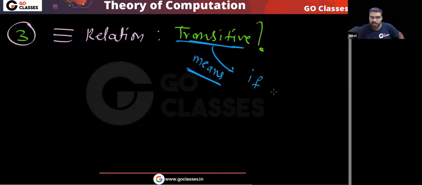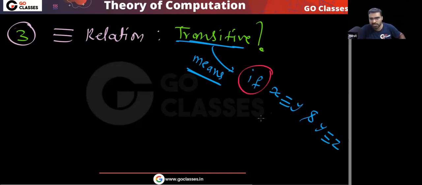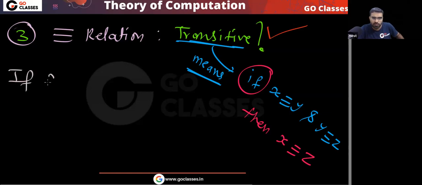Transitive means that if X is equivalent to Y and Y is equivalent to Z, then X should also be equivalent to Z. So is this transitive? Yes, this will be transitive also. Because if X is equivalent to Y and Y is equivalent to Z, what does it mean?